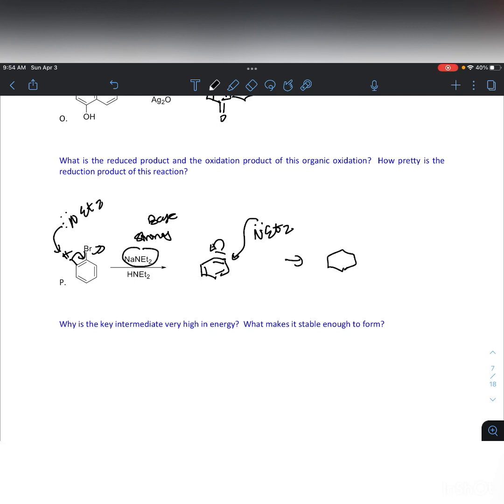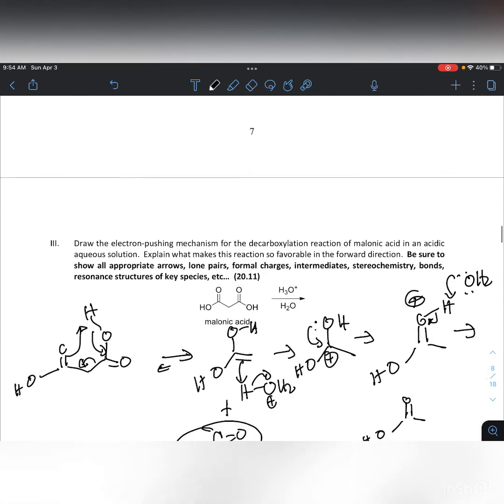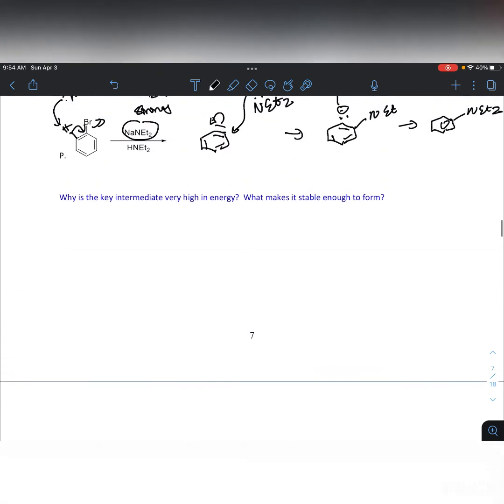And then you're going to form a carbanion. And then that will get quenched most likely by an intermediate such as this. And that's the product. And that should be it.